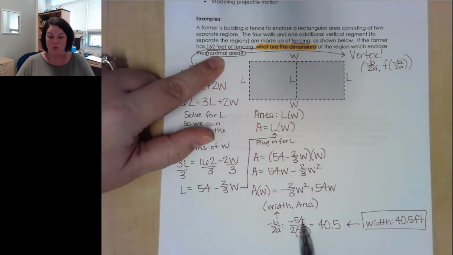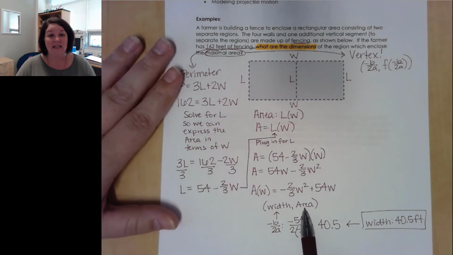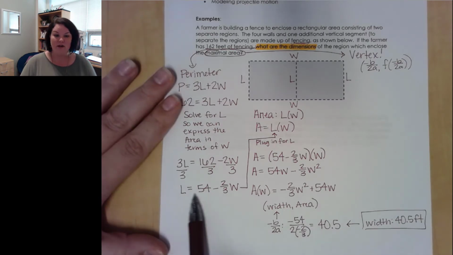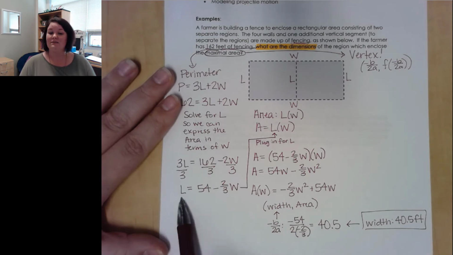So now that I know what the width is, I'm not going to plug it back in, because that would give me area, which I don't care about. What I care about is finding the length. So now I just need to come back over here and plug it back into this equation so that I can find my length.